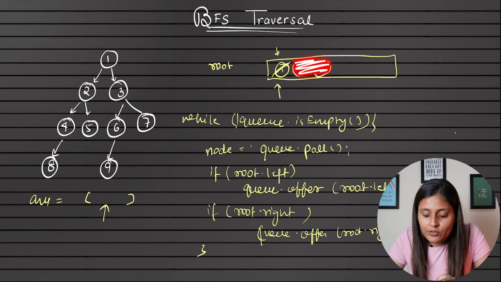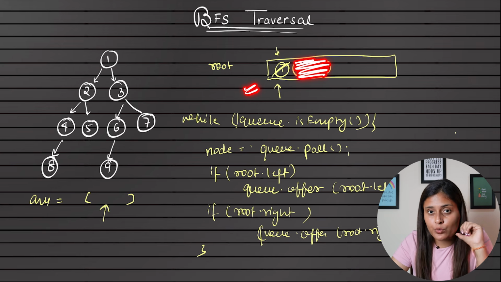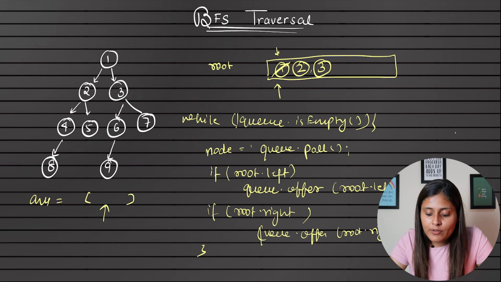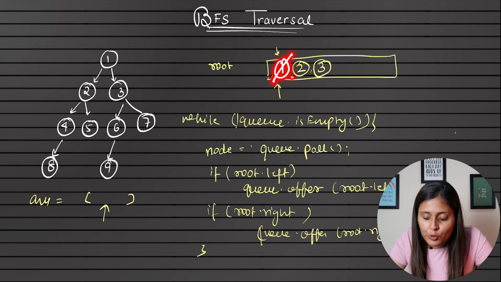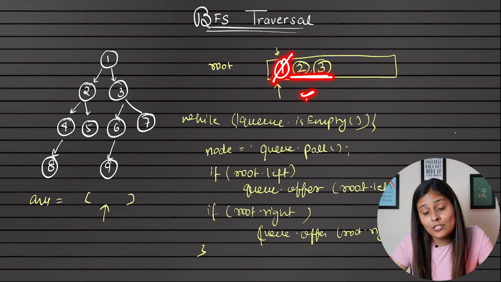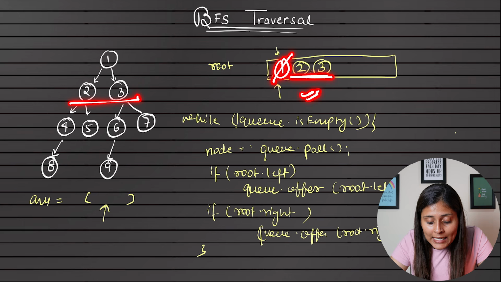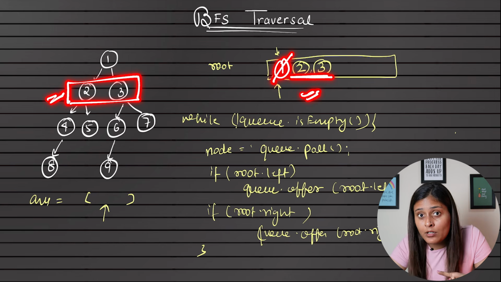Before inserting 2 and 3, what was the size of the queue? 1. And we wanted only 1 to go inside this sublist, right? Once we popped 1 and put all its children, what was the size of the queue? 2. And that many nodes we wanted in the next level.